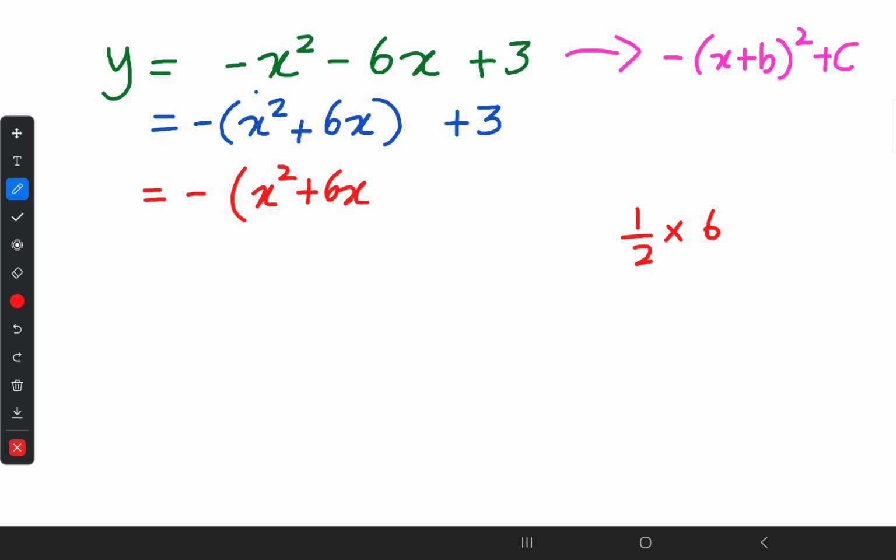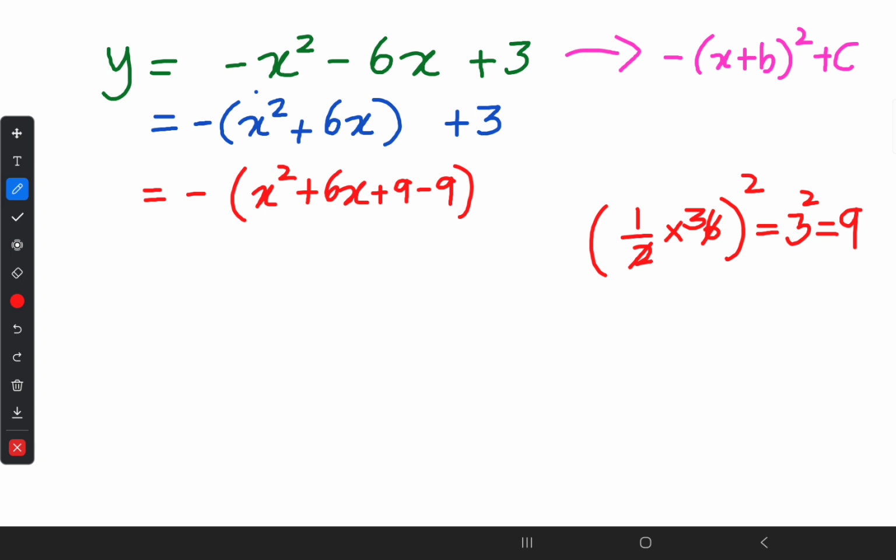If it is a negative value, you need to incorporate the negative as well. 3 square is 9, positive 9. So inside this, I am going to add 9 and subtract 9.